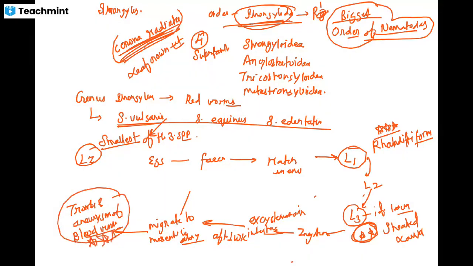This point is very, very important in this parasite. It causes thrombi and aneurysm of blood vessels that is known as verminous aneurysm. Then it migrates back to the cecum and colon, rectum, and again is passed out in feces.